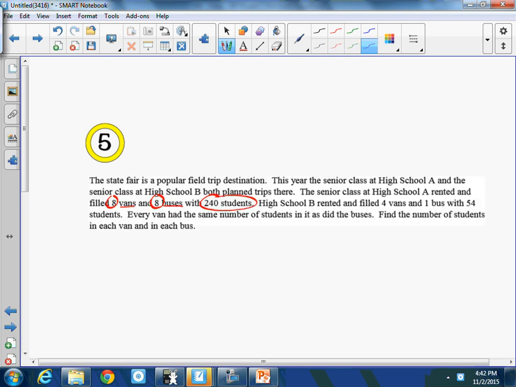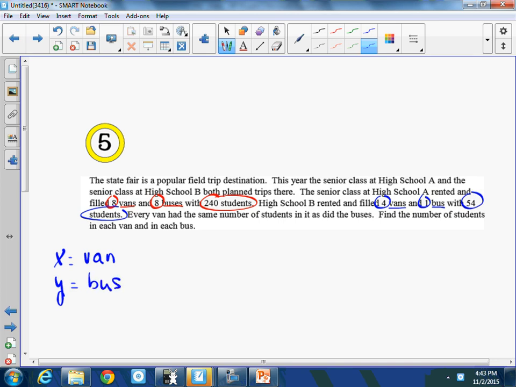High school B filled 4 vans and 1 bus with 54 students. Every van has the same number of students in it, as did the buses. Find the number of students in each van and each bus. Okay, so x equals van, y equals bus.